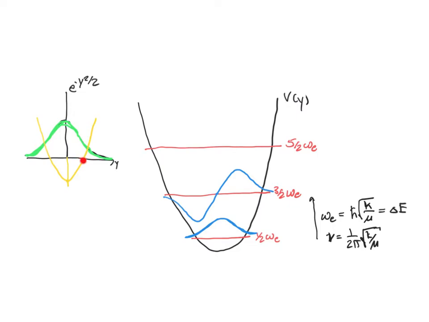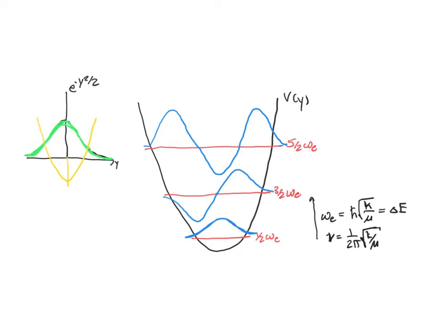And we're going to have roots at the roots of this parabola. So we would expect this wave function to look like this. And so we can draw these wave functions by just thinking about the two functions that are multiplied together.